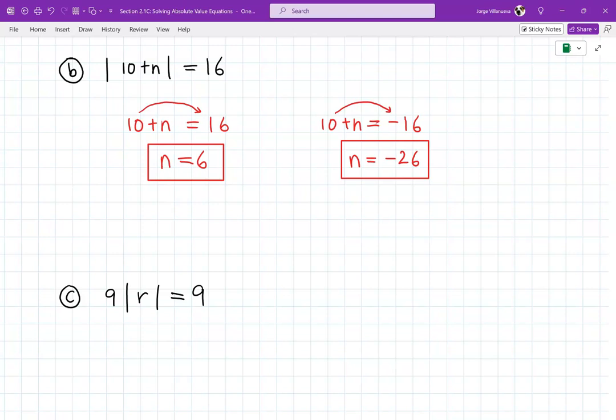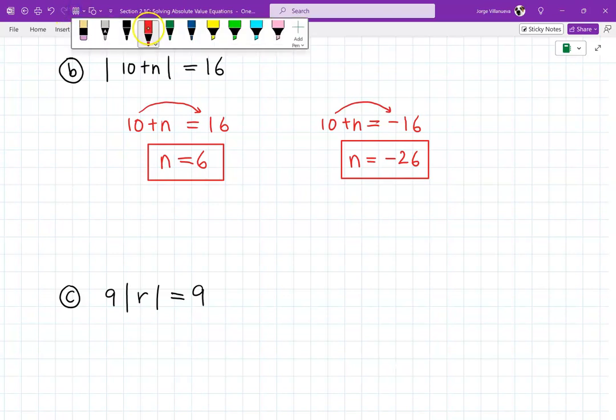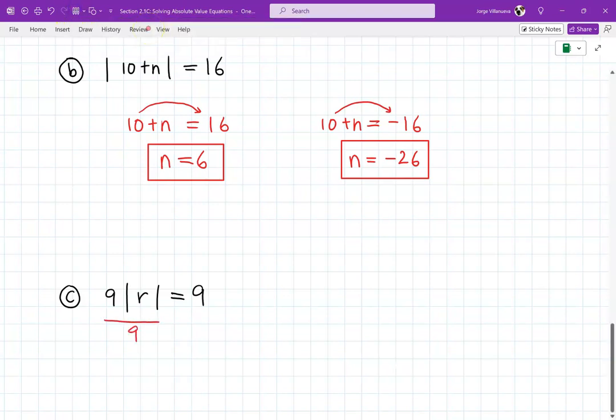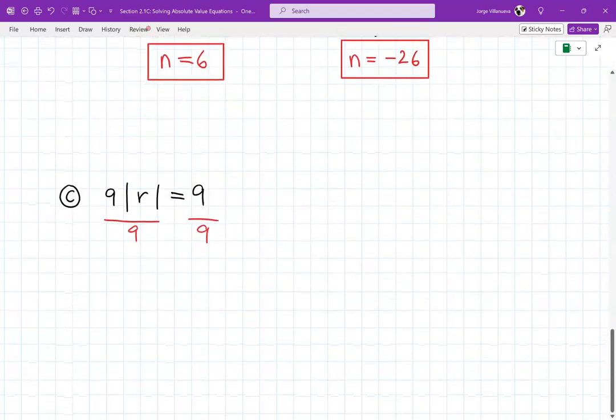A 9. I got to get rid of that 9. So right now it says 9 times the absolute value of r. How do I get rid of 9 times? Divide. You got to do the opposite, right? Good. So I'm going to divide it out. Divide by 9. That's going to give me the absolute value of r is equal to 1.